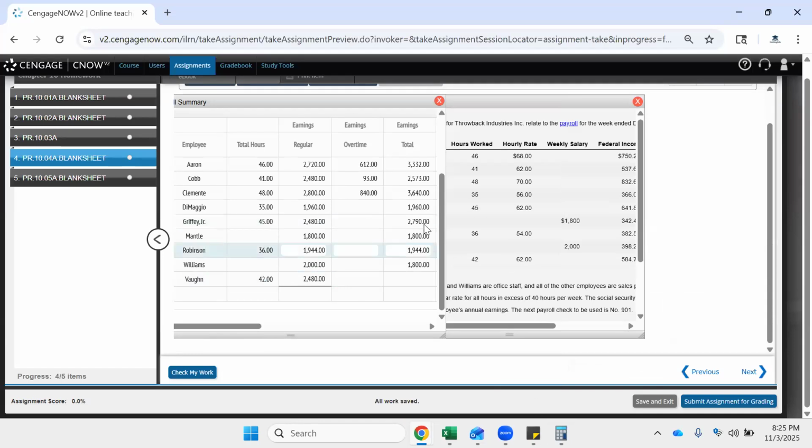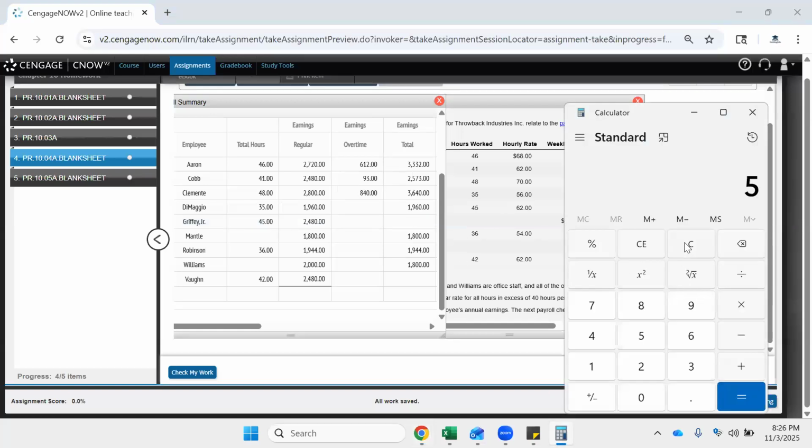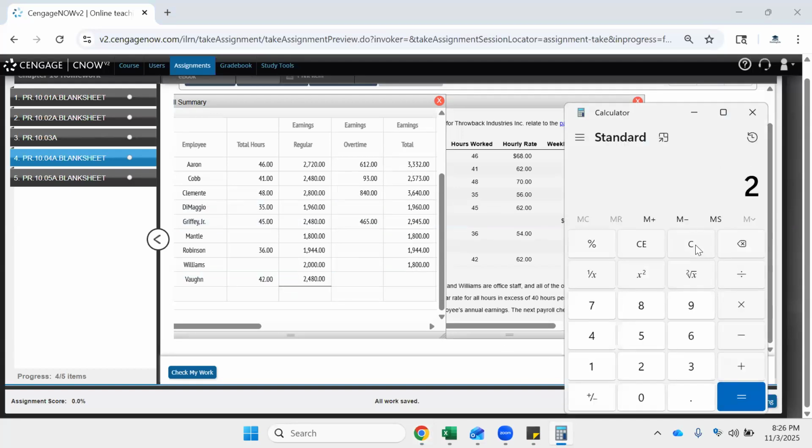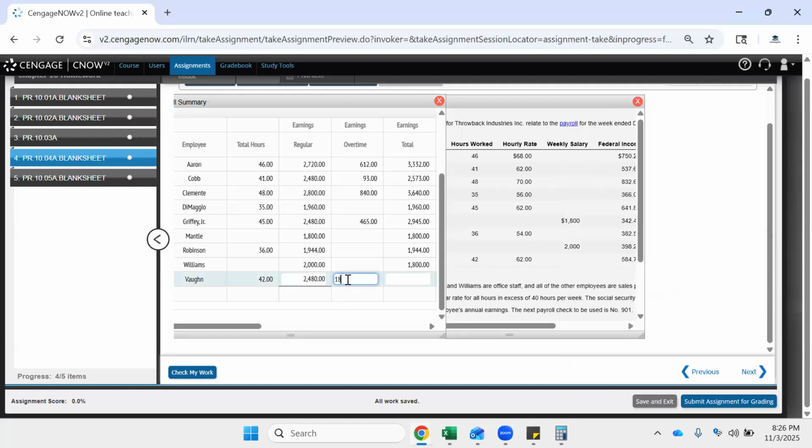Sorry, here for Griffey Jr., we did not calculate the overtime correctly. We had to take 5 hours times 1.5 times 62, which is 465. And that comes out to a total of 2945. And Vaughn had 2 times 1.5 times 62, 186.